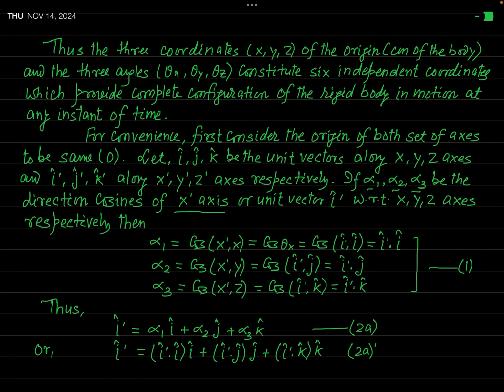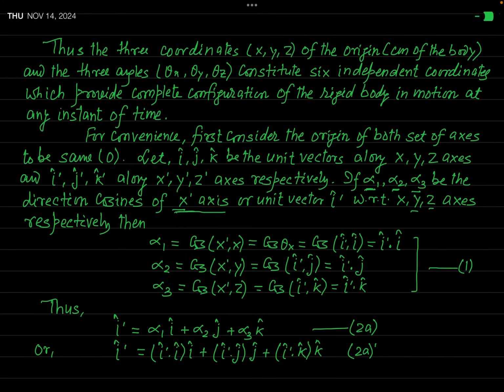It means that alpha 1 is the cosine of the angle made by the x dashed axis with the x axis, alpha 2 is the cosine of the angle made by the x dashed axis with the y axis, and alpha 3 is the cosine of the angle made by the x dashed axis with the z axis.